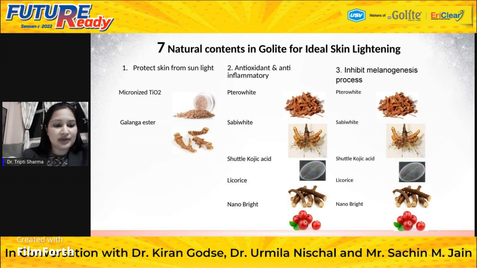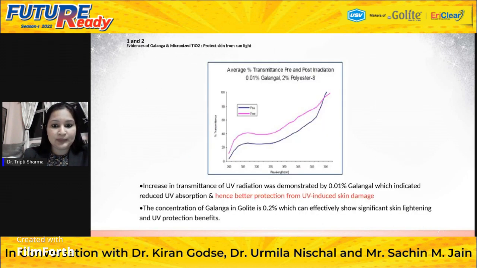First, very important, it protects the skin from sunlight by micronized titanium oxide and galang ester. Similarly, the antioxidant and anti-inflammatory action is by terowhite, sebiwhite, kojic acid, then licorice and nanobrite, and these components also inhibit the melanogenesis process.